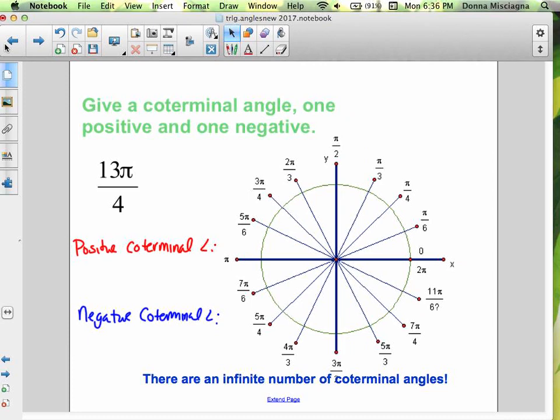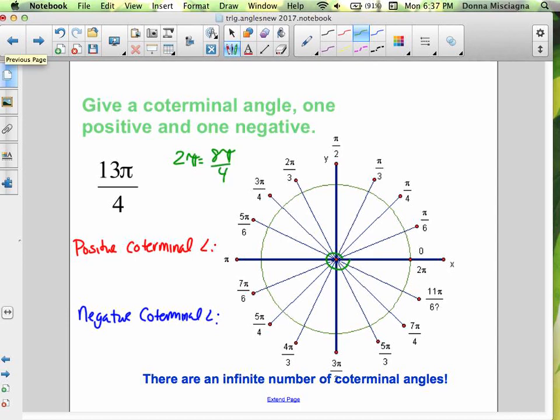All right, so let's think about how far we're going to go. Remember, 2 pi is all the way around the circle, right? So if I go 2 pi, which is the same as 8 pi fourths, I've gone around the circle 1 time. I want to be able to graph my negative in blue, so I'm not going to use blue. I'll use green. So here I've gone around the circle 8 pi fourths, because 2 pi equals 8 pi fourths.